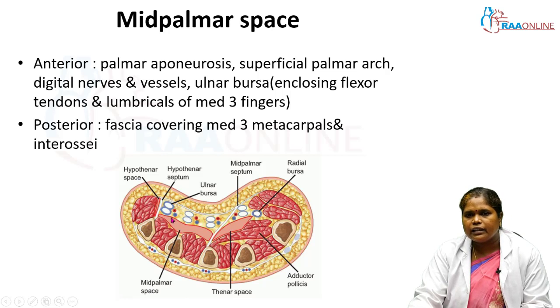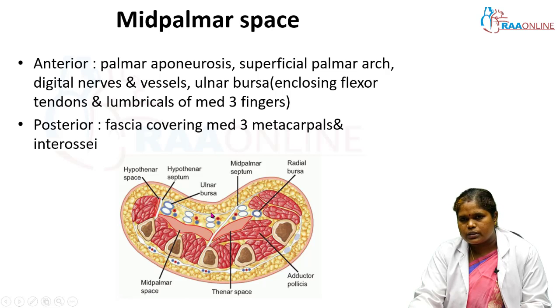The anterior boundary will be, you can see the palmar aponeurosis. This will be the medial part of the palmar aponeurosis, and below the palmar aponeurosis we can see the ulnar bursa covering the tendons of the medial 3 fingers. This will be the thumb and this will be the index finger, and these three are the middle, ring and little finger.